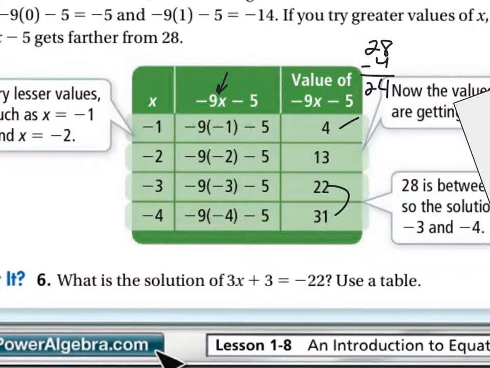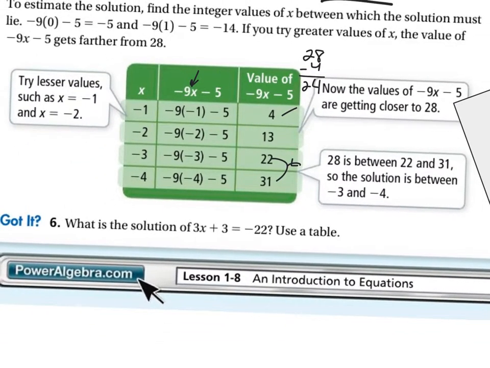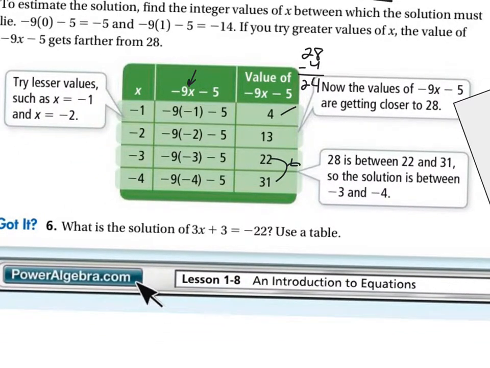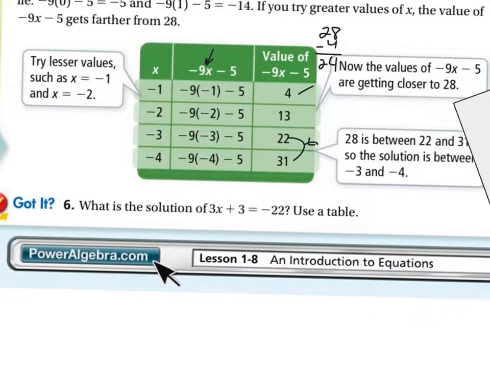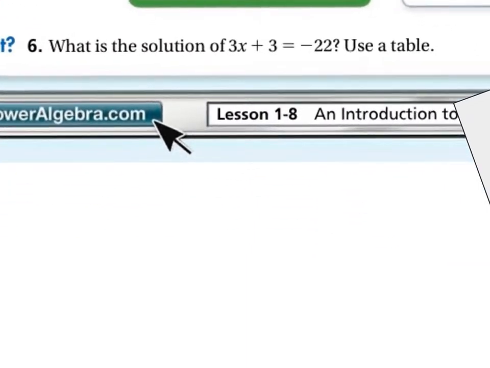And so you can see it's going to be somewhere in between here. 24 is closer to 22 than it is to 31. So it's in between -3 and -4. We could say it'd be closer to -3 if we wanted to be more specific. Okay, so same idea with the next one here.